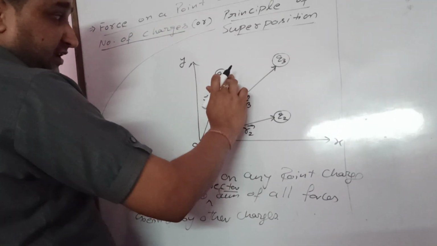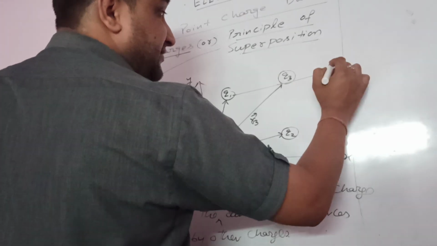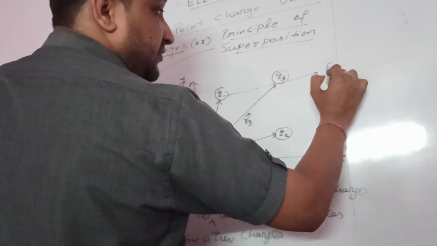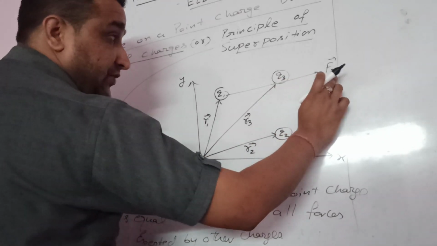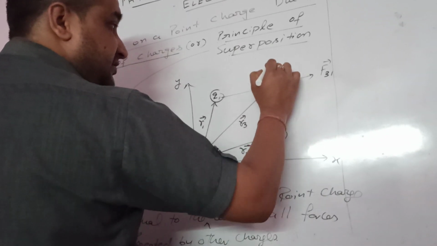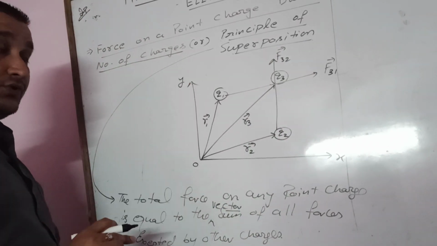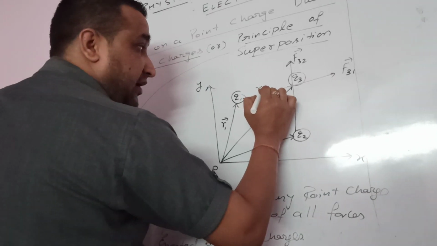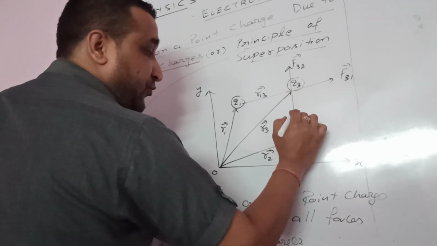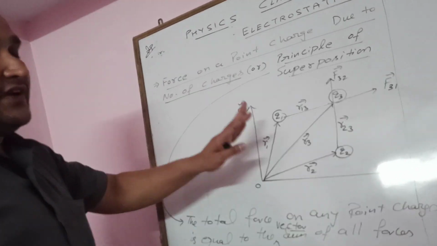Now the charge Q1 repels the charge Q3, and this force is F31. F31 means force on third due to first. This is F32, force on third due to second. Here the position vector is R13, and here the position vector is R23. So these are the position vectors.